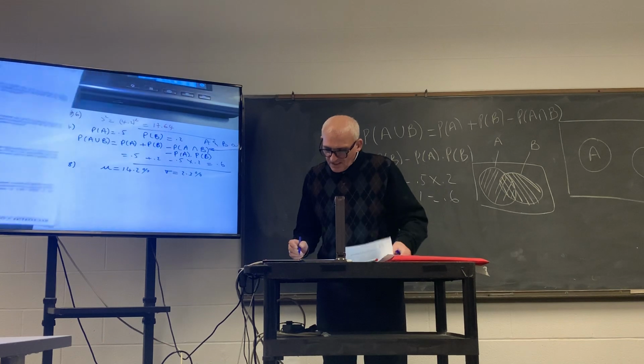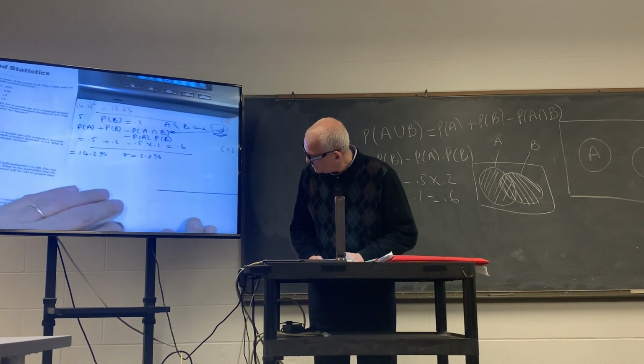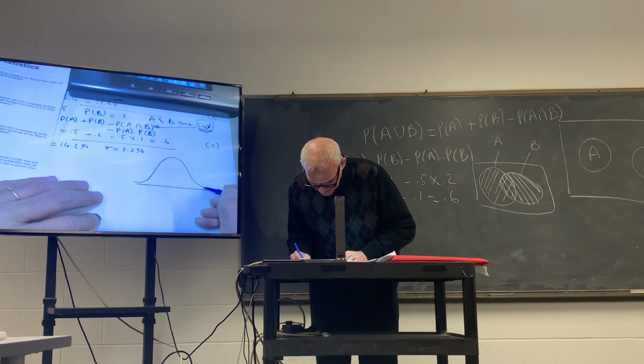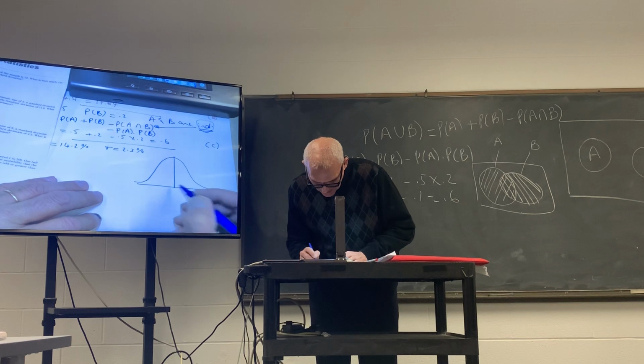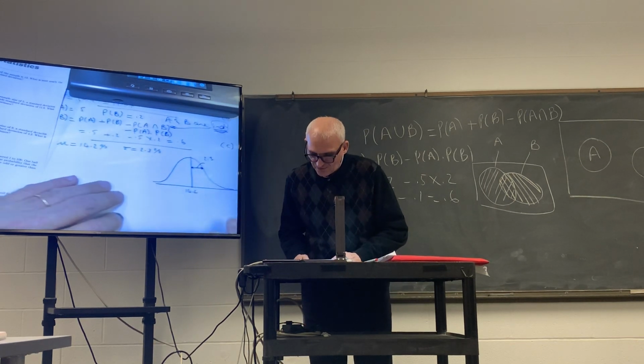You know the normal distribution, or we sometimes call it the Gaussian distribution, looks like that. The mean here is 14.2, and the standard deviation, which is the distance from the mean to the inflection point, is 2.3.